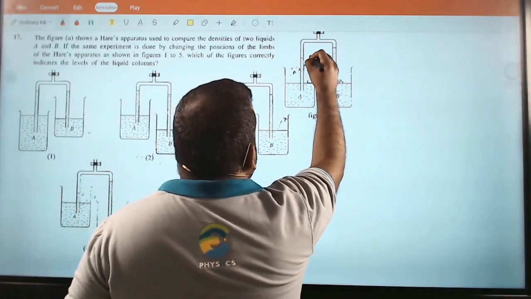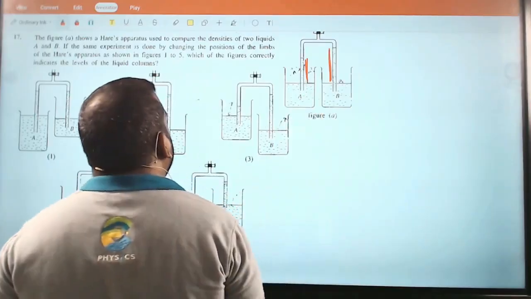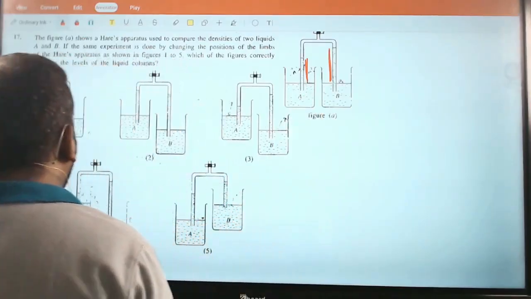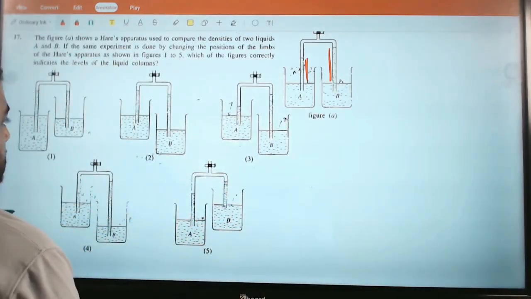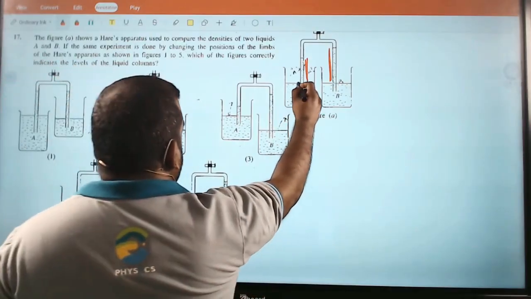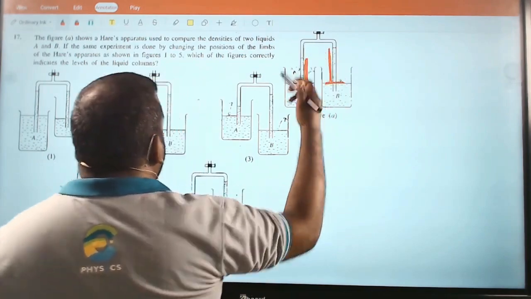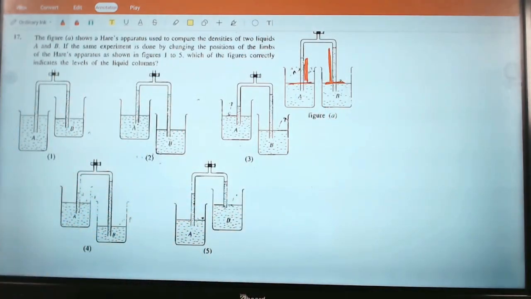So the height here and the height there should be the same. It can't change. The height measured from this surface and the height measured from here should be the same, because it is independent of the location of the beaker.